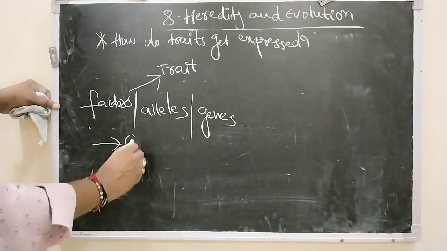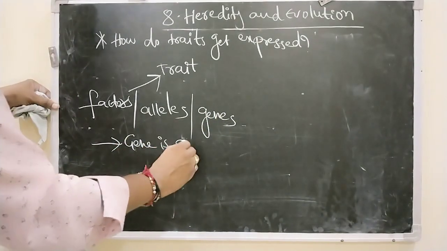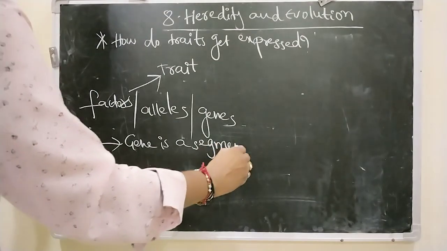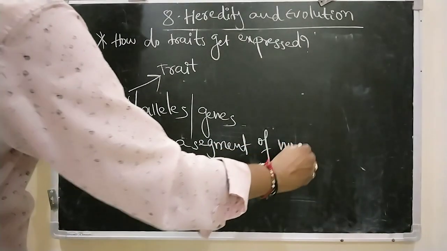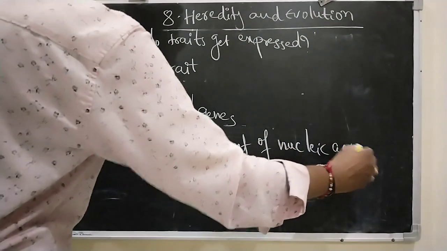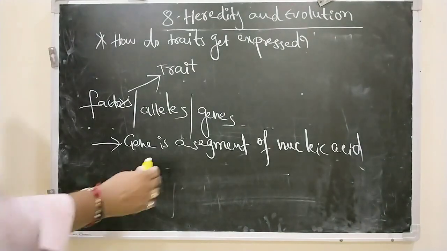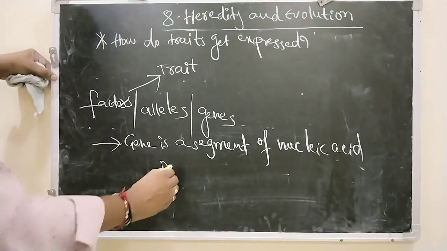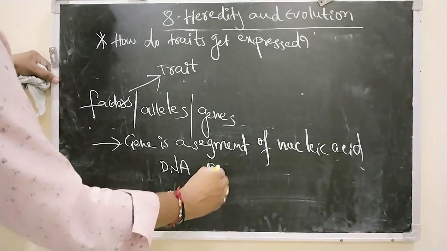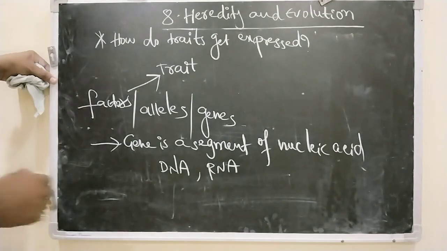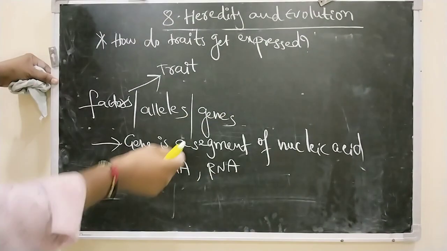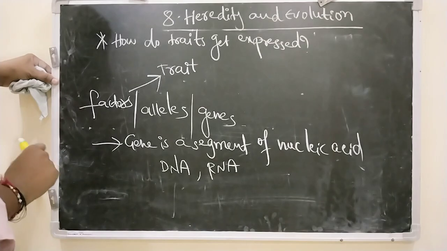So what is a gene? A gene is a segment of nucleic acid. What is nucleic acid? DNA and RNA are called nucleic acids, which are responsible for the passing of inheritance from one generation to another generation.